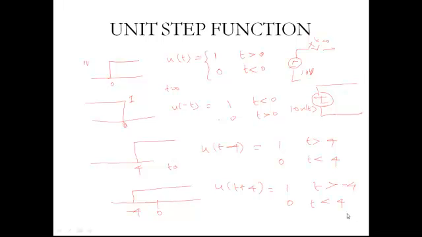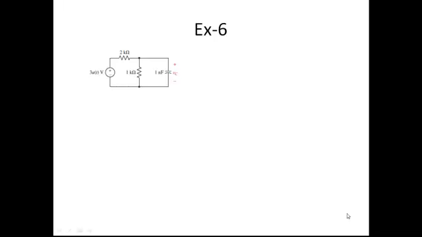So the question may also be a step. Let us see some more examples. Take this example, where a unit step function is applied here. It means that this 3 volts will be given to this circuit only if t is greater than 0. For t lesser than 0, this 3 volts is not given to the circuit because you have u of t here. Again, it is similar to switching.